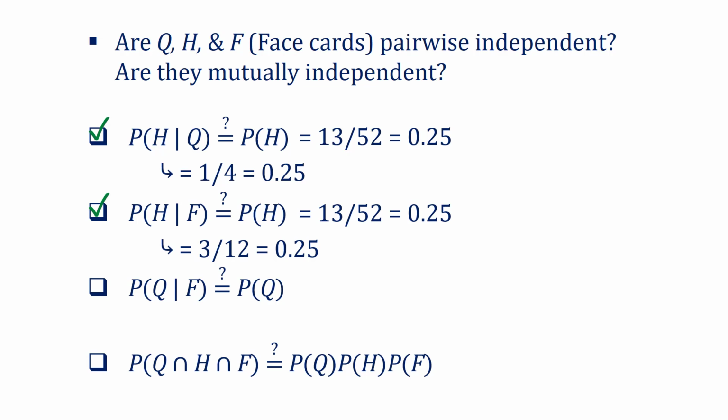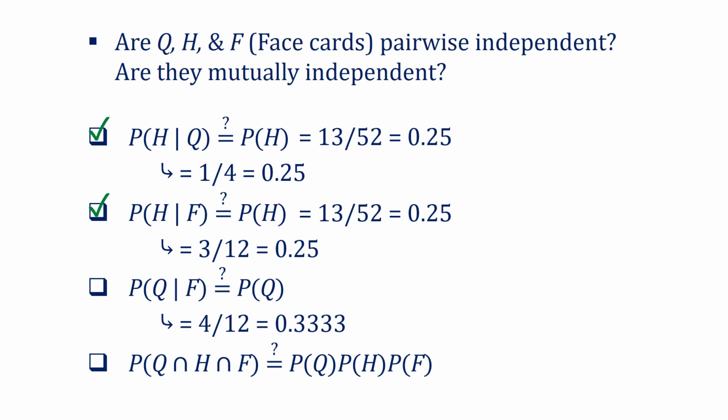What about this third one? Probability that I draw a queen, given that it's a face card. As we just mentioned, there are 12 face cards in the deck. How many of them are queens? 4. The 4 queens. So that's a probability of 4 out of 12, or 1/3. Unconditionally, what's the probability that I draw a queen out of the deck?